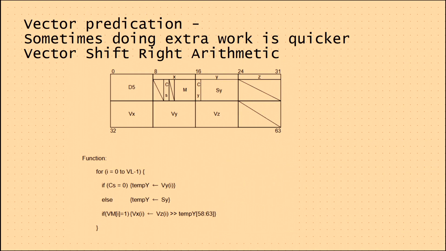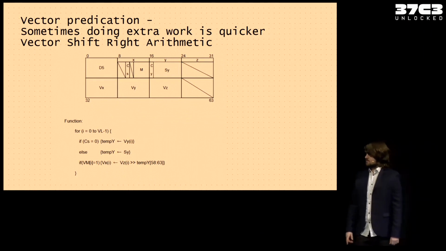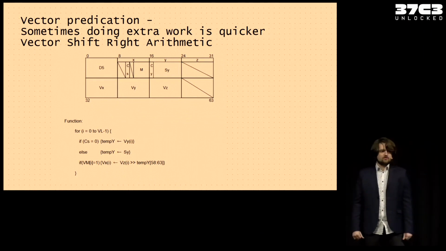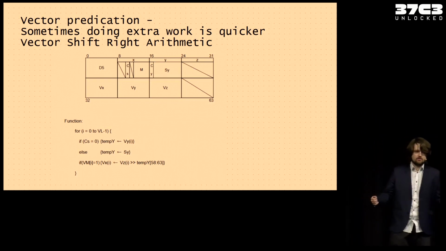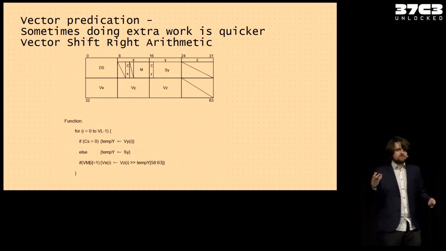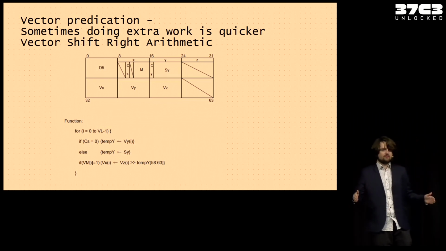Then vector predication, but to introduce that, I first want to introduce a basic vector operation. So far we only had scalar ones. If we look at the functional description below, we see a for loop which iterates between 0 and VL minus 1. What is VL? With a vector computer, you don't always have to use the entire vector length.